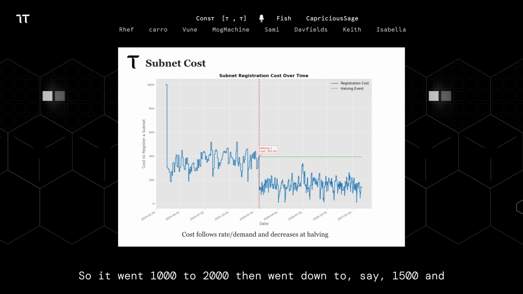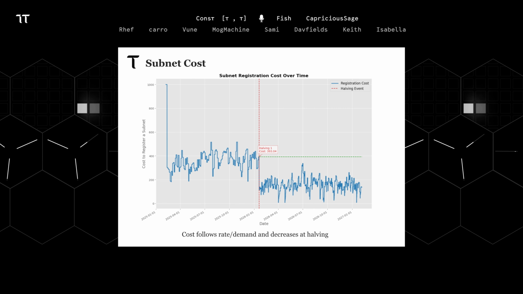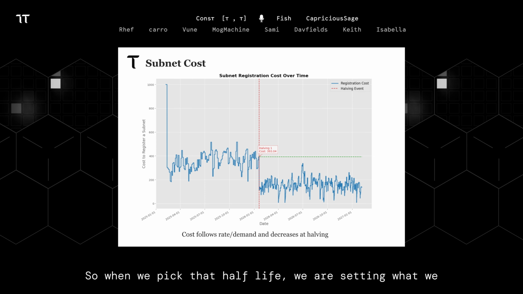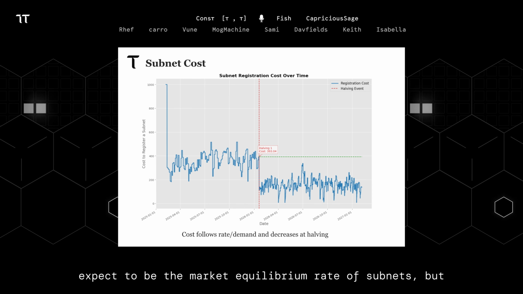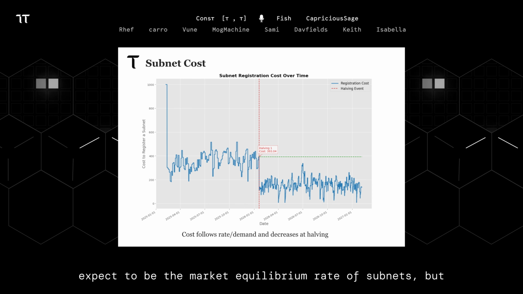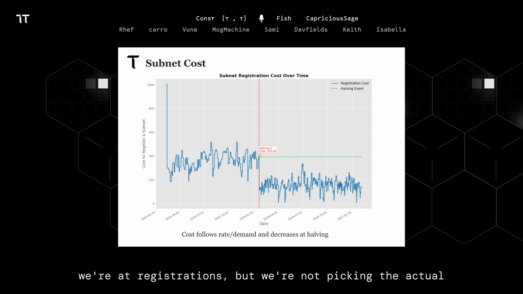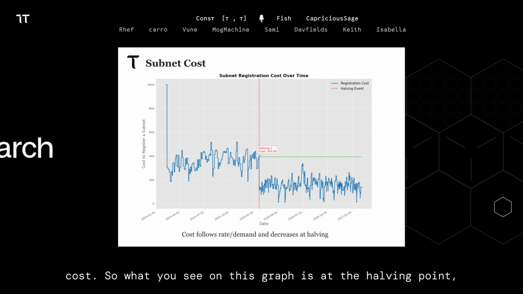So it went 1,000 to 2,000, then went down to say 1,500, and then up to 3,000, right? So when we pick that half-life, we are setting what we expect to be the market equilibrium rate of subnet registrations, but we're not picking the actual cost.